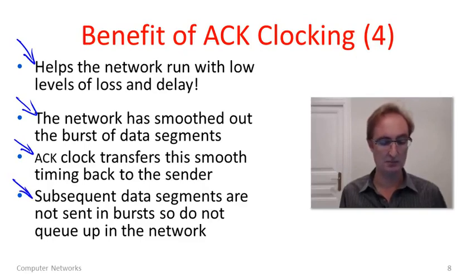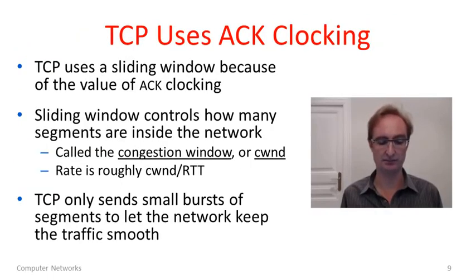The sender then, because of the sliding window property, used that ACK timing to send out data segments that weren't in one big burst. They were spread out at just the right rate that they would go over the bottleneck link without a lot of queuing. So by using this ACK clock, we have nice smooth traffic that's well matched to the capacity of the network. That's what's amazing about ACK clocking.